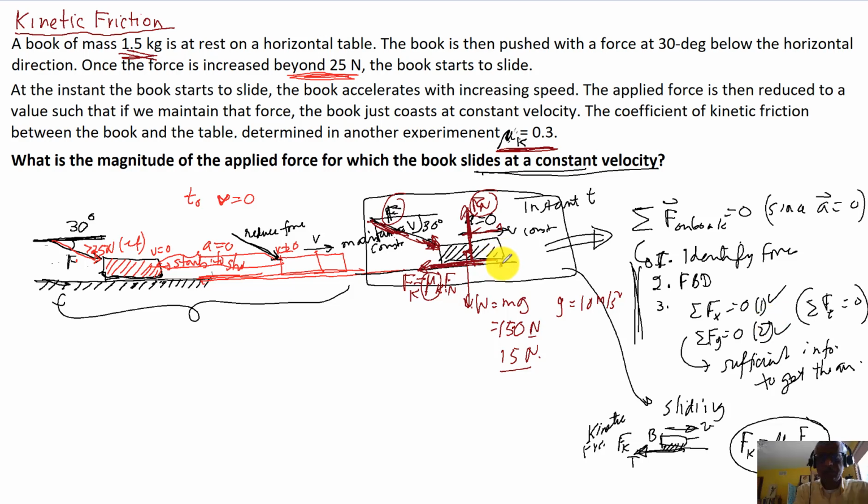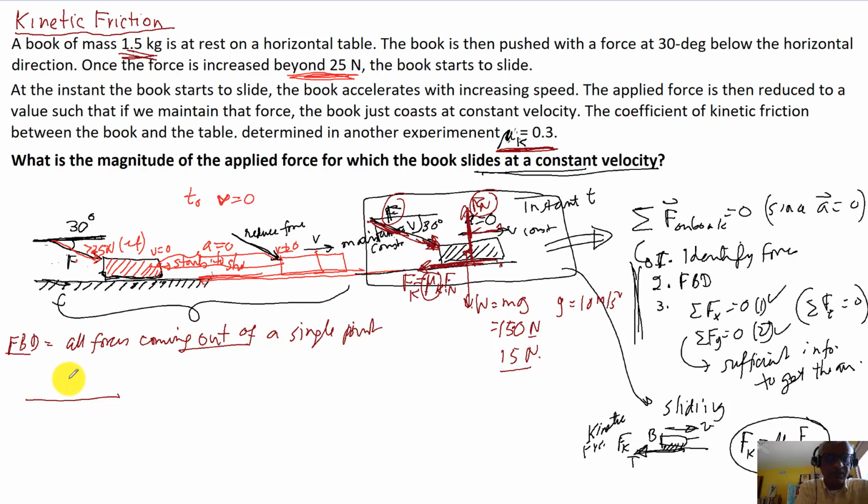So writing this as a free body diagram is all forces coming out of a single point. So we draw it like that.